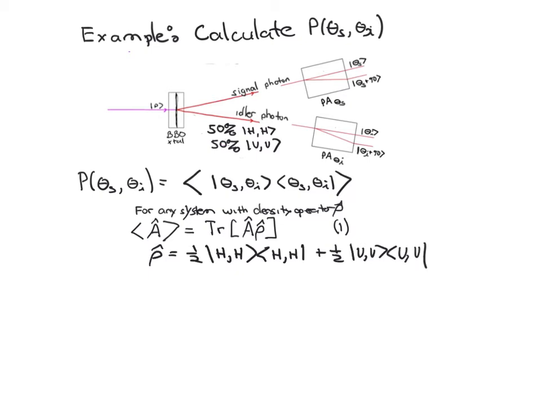Okay, so bear with me now. This is going to get a little messy. So this joint probability that we're trying to calculate, the claim is I can calculate it by taking the trace of the operator that we're dealing with, which is this projection operator here.